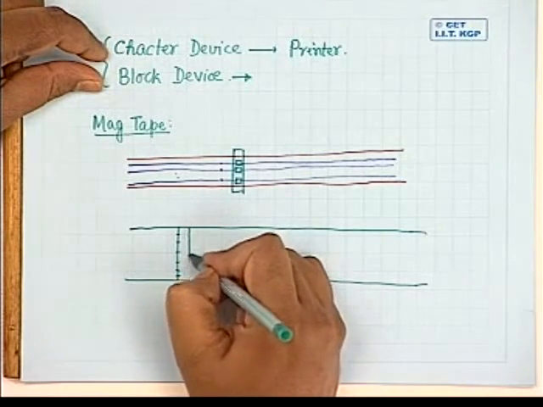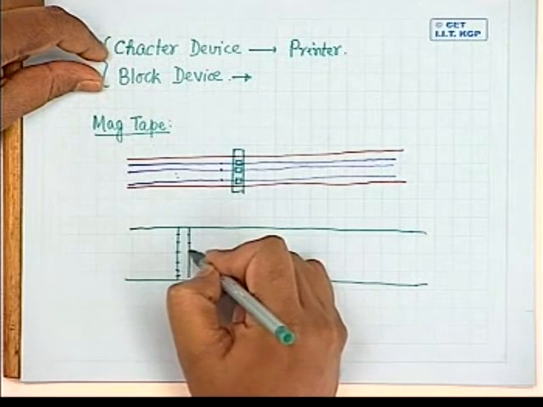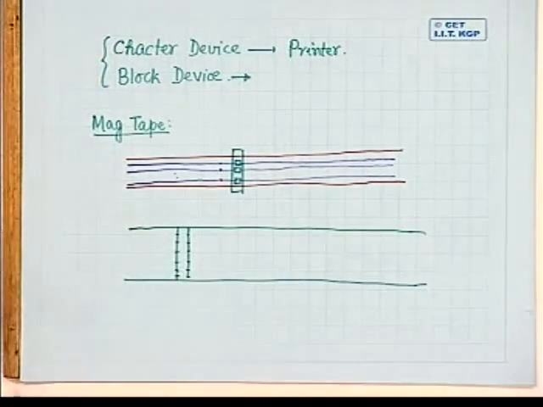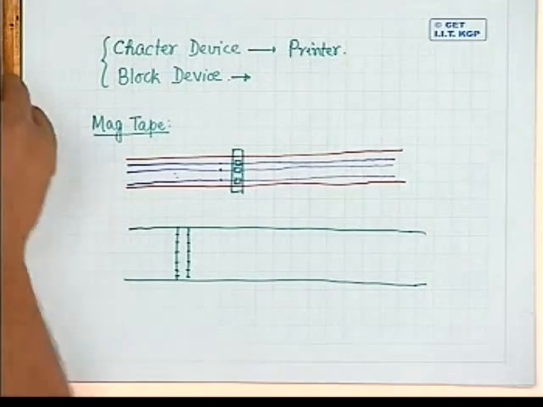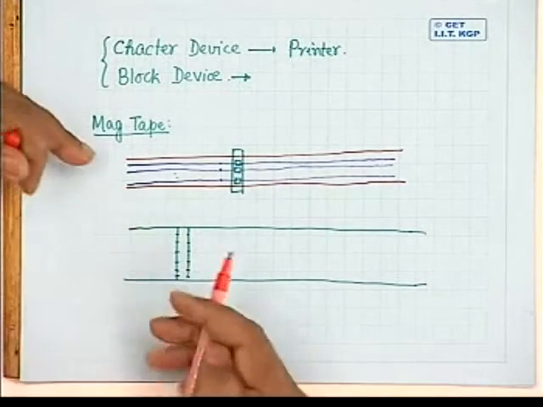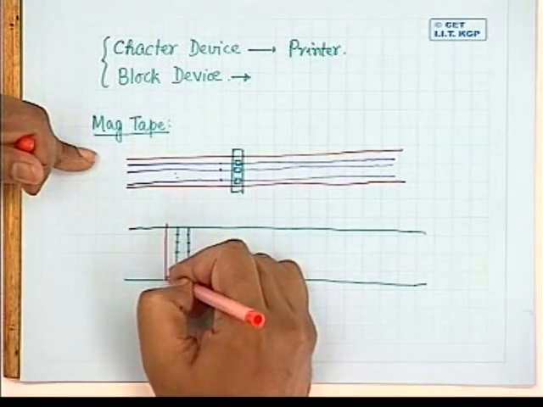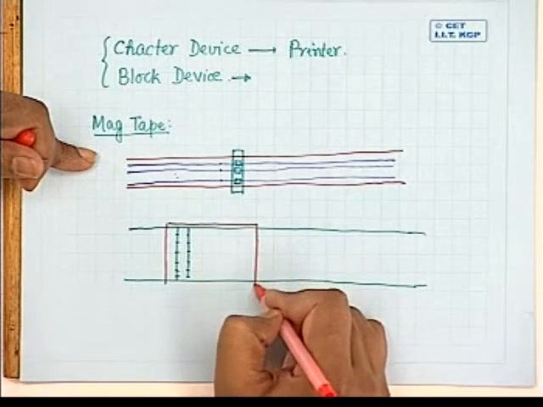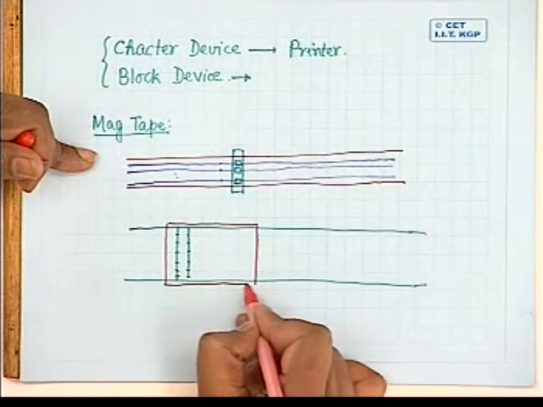So the bytes will be stored like this. A number of bytes taken together forms a record. Whenever I have to access any data from this magnetic tape, I have to access the entire record.